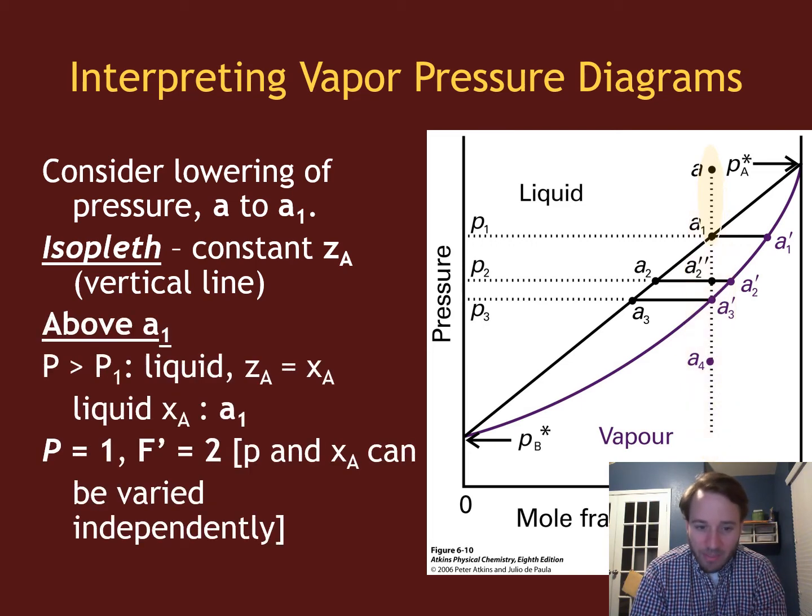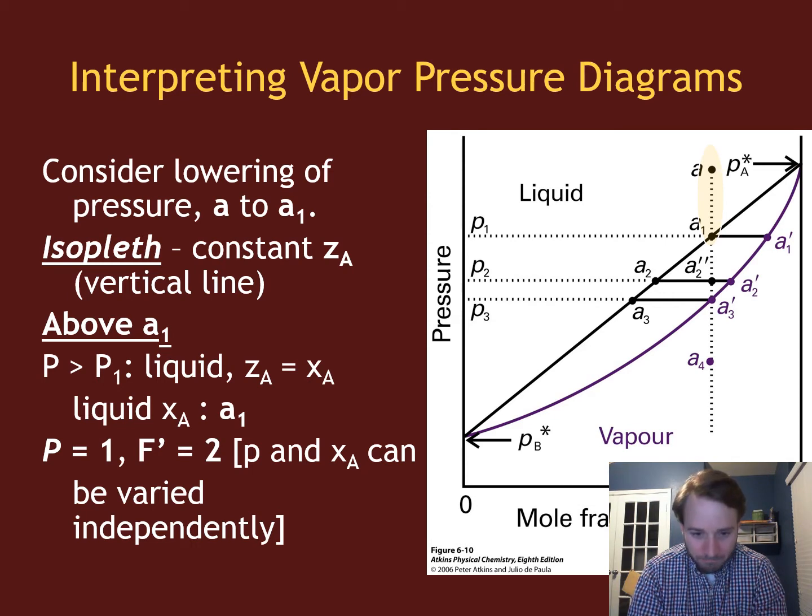So at the very beginning, at point A, where the pressure is greater than the pressure represented by that first line, we basically have all of our moles in the liquid phase. And so the total mole fraction, Z of A, just equals the mole fraction in the liquid phase, because I have essentially everything in the liquid phase.